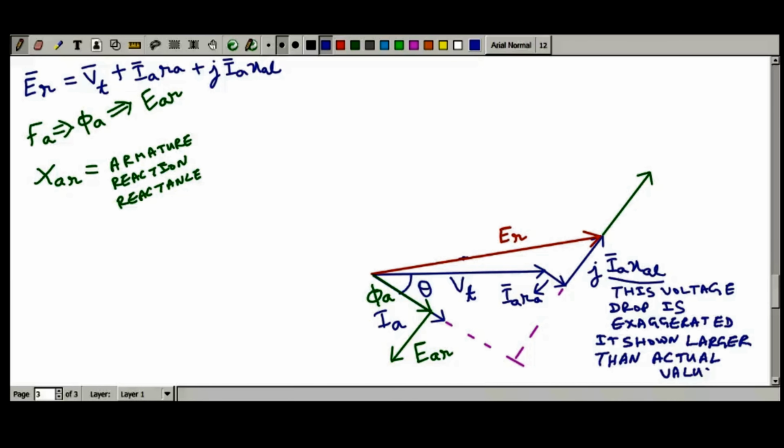In a real, practical machine, this IA XL drop will be very small. I must admit this, so that's why I have written this comment.